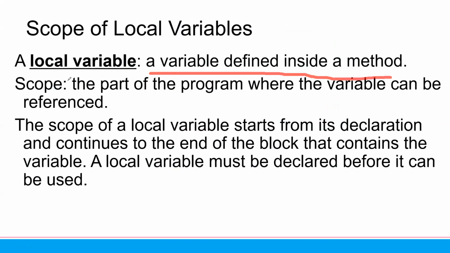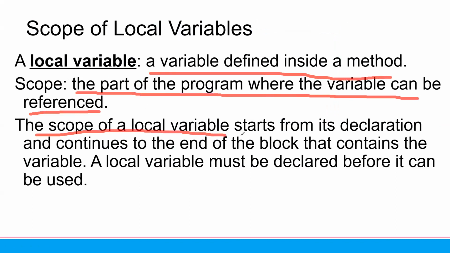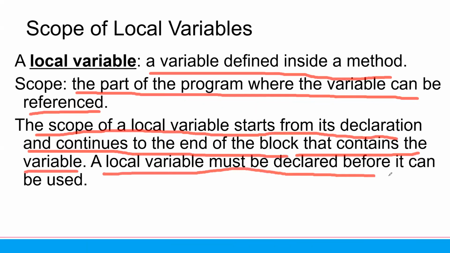And the scope is the part of the program where the variable can be referenced. The scope of a local variable starts from its declaration and continues to the end of the block that contains the variable. A local variable must be declared before it can be used.